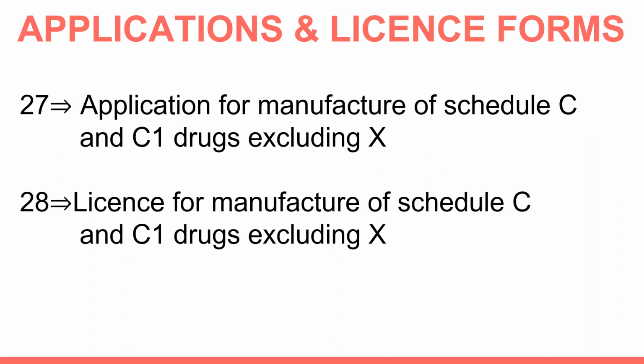If it is 24F, it is related to Schedule X drugs. You just remember that if you apply in form 24, you will get the license in form 25. And similarly, if you apply in form 27 for Schedule C and C1 drugs excluding Schedule X, then you will get the license in form 28 for Schedule C and C1 drugs excluding Schedule X drugs.